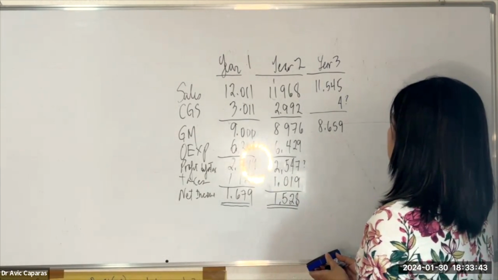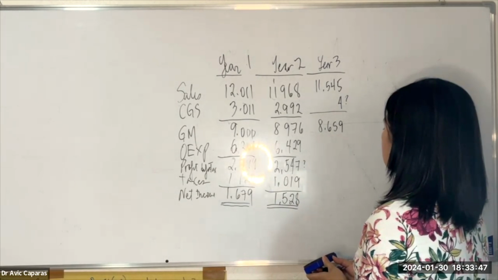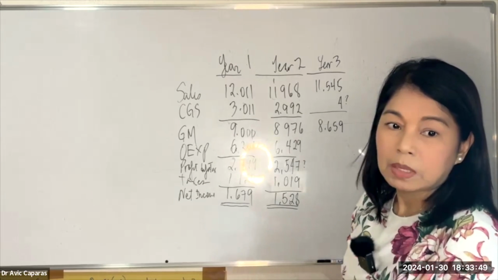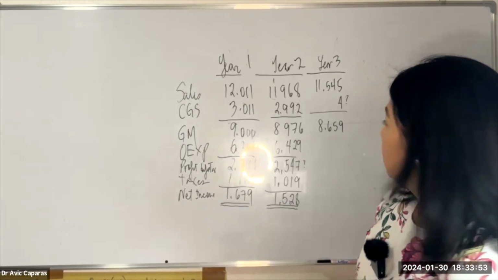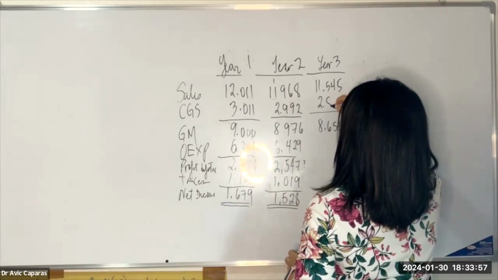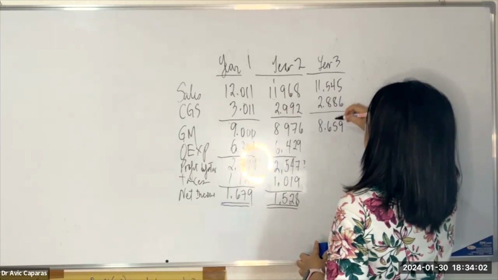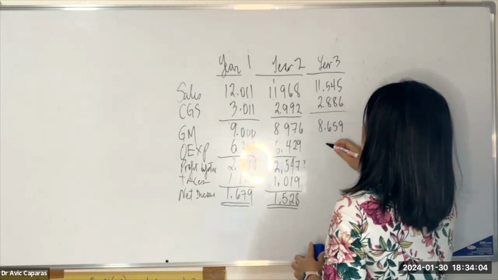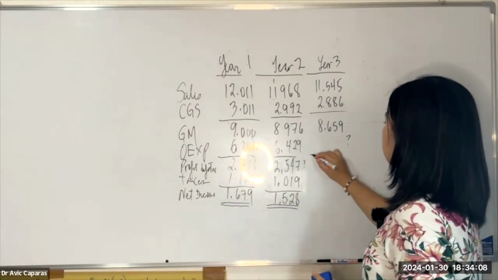2886. Where did you say 2886? What is 2886? For the CGS of year 3. 2886, 15, 1. This is 9, 14, 1. Tama. Okay? 8659. This is a question mark, but that is easy.